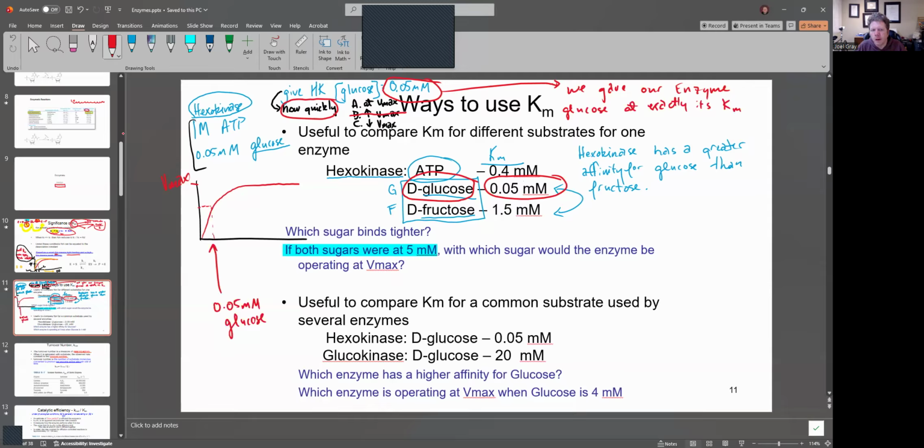Now that's a tough one to wrap your mind around. So what if, instead of giving it 0.05, we gave this enzyme 0.5 millimolar?